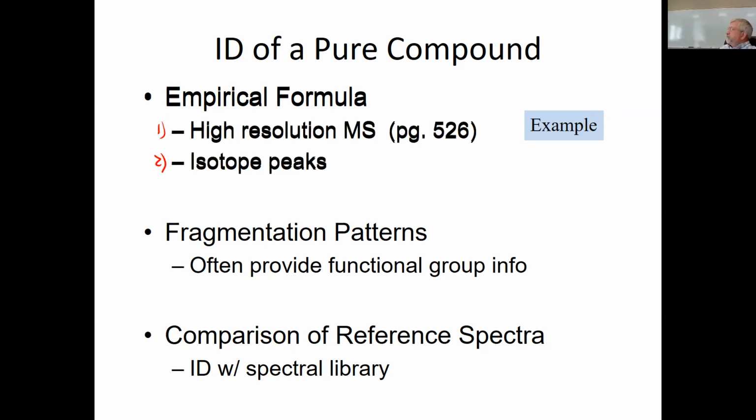Mm-hmm. Okay. And the other way is to compare your spectrum to reference spectra in the spectral library. So that's a good way. But remember with our GC mass spec experiment that when you did that, you get a quality point.